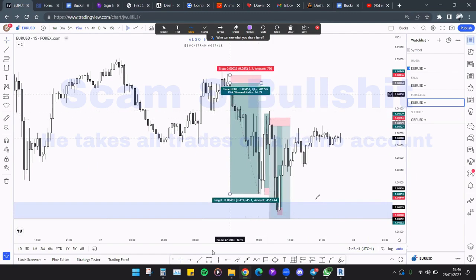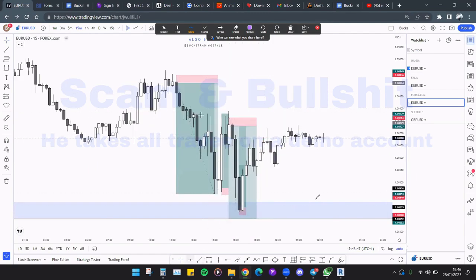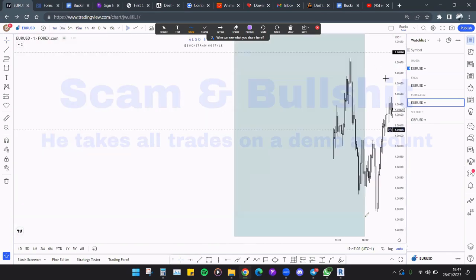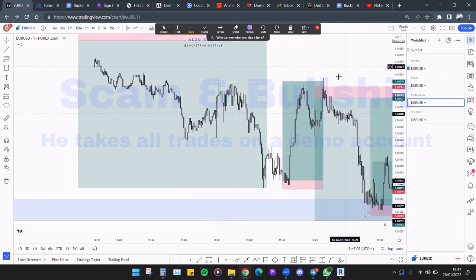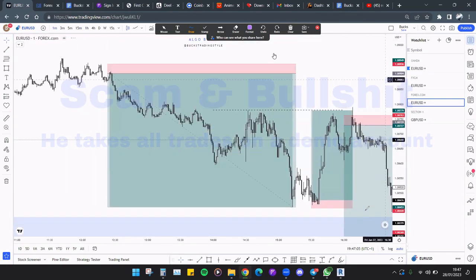When you just look at the chart right here, with just a single horizontal line, you'll be able to tell that okay, this is going to drop. So what you're going to do next is look for ways to get engaged in that trade. So algo is going to give you a unique way of looking at the market.